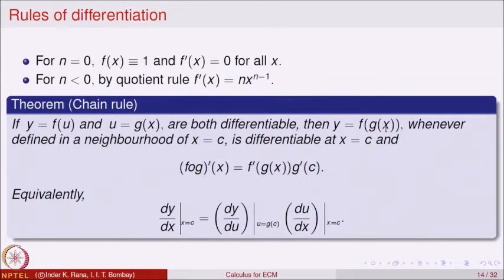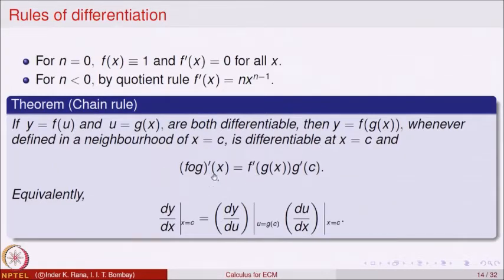Suppose this is defined in a neighborhood of x equal to c, and is differentiable at the point x equal to c. The function g is differentiable at the point c and f is differentiable at the point g of c. So that also should be put as a condition.